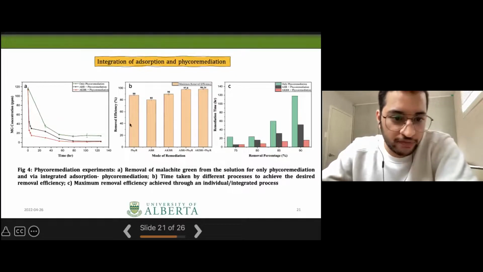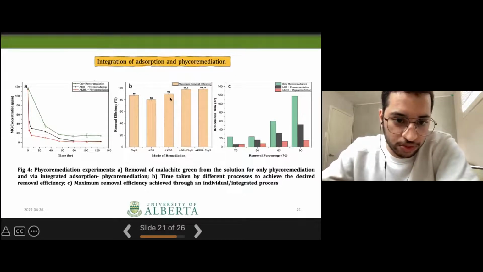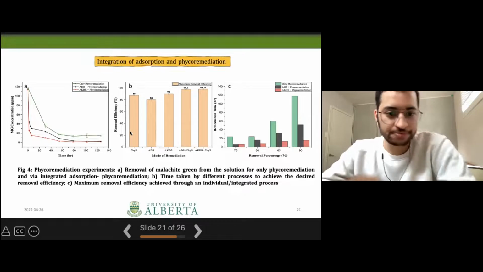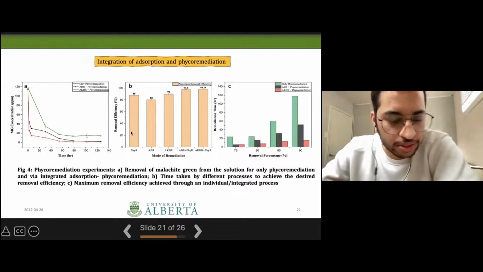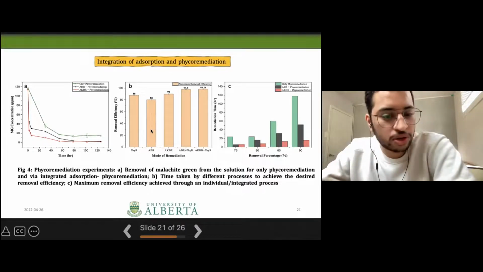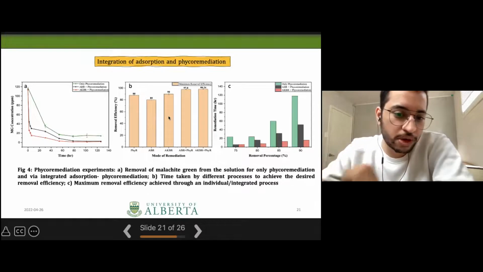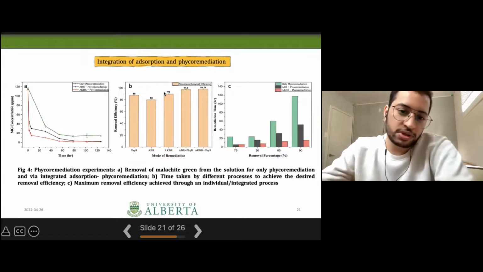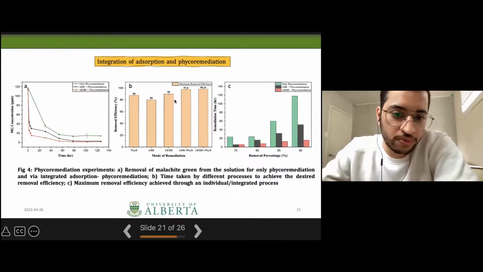This is quite evident in the removal efficiency also. The individual removal efficiency of phycoremediation, algal biochar adsorption, and algal kombucha biochar adsorption is 88, 80, and 90%. But when we integrated both the processes, the efficiency increased to 98.24%.